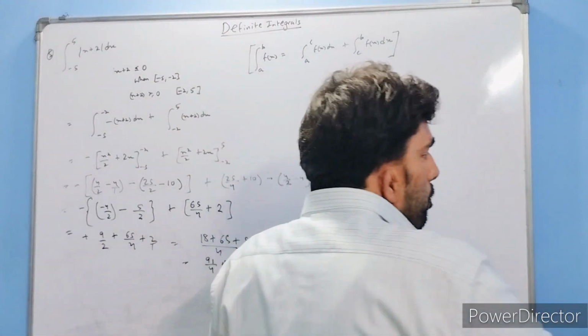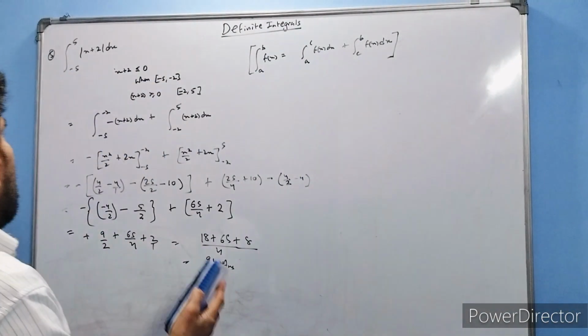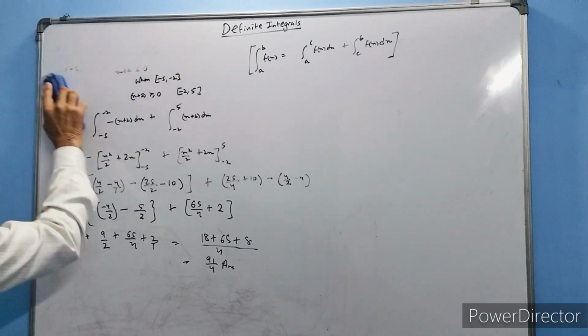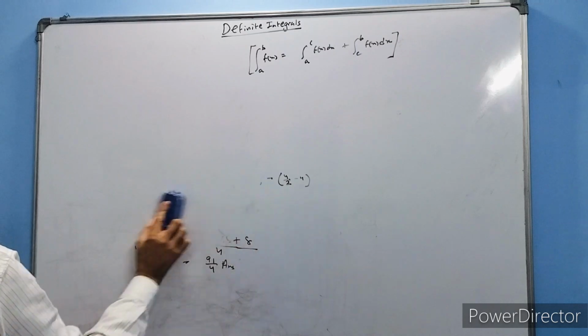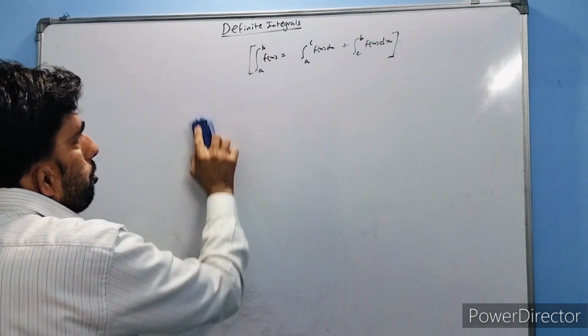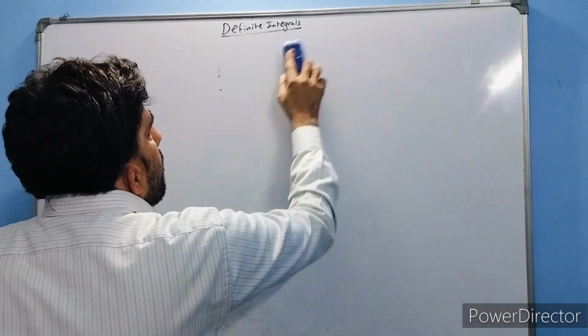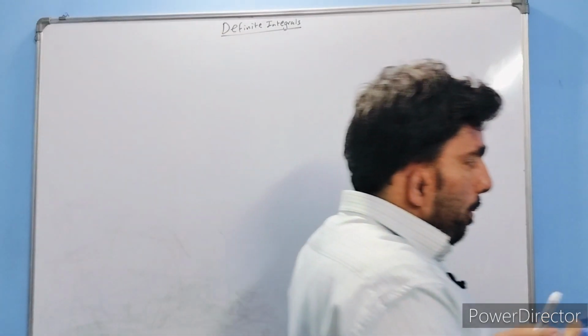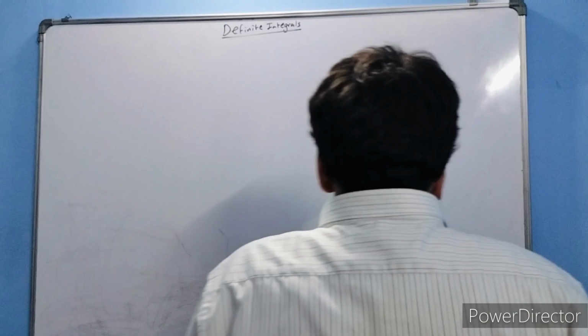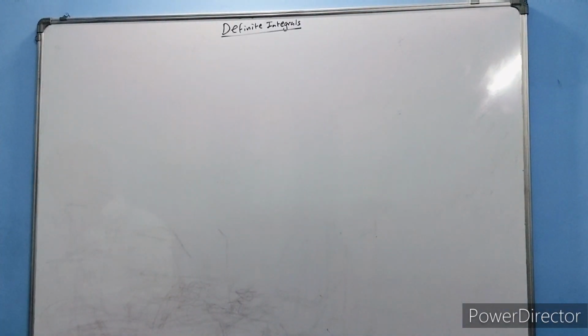Now let us move to the next one. So here we have tried to solve the 5 numericals. Now we'll try to solve more using different definite integral properties. Let us see how we can solve the next question.